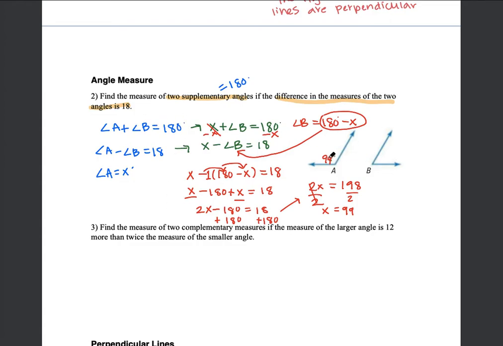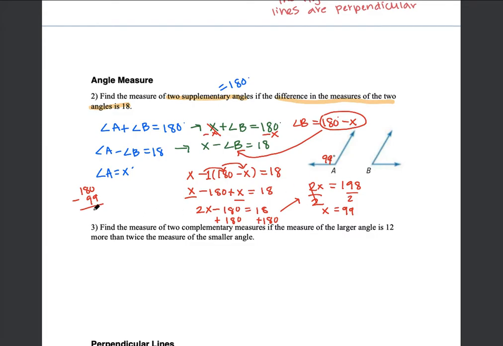So if A is equal to 99, I can just substitute it into one of these equations, or I can just subtract 99 from 180, because both of these two angles are supplementary. They add up to 180. So if I take 180 minus 99, that'll give me the angle measure of angle B.